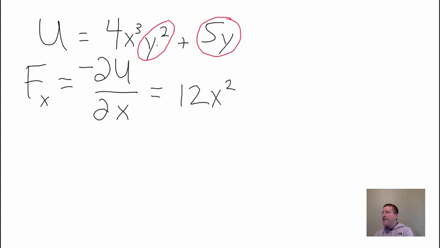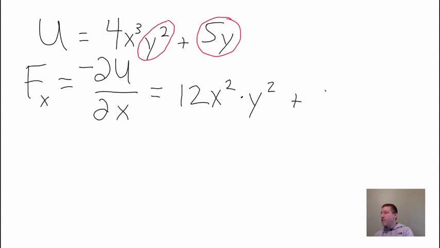But this is a constant here, but it's a factor, so we just keep it in there. In other words, if it were 3 there, we'd keep the 3 in there. If it was 7 there, we'd keep the 7 in there. Y squared is acting as a constant, so we just keep it in there. How about this one? Plus, what's the derivative of 5y? Well, notice, if 5y is a constant like 3 or 7, the derivative of a constant by itself is 0.